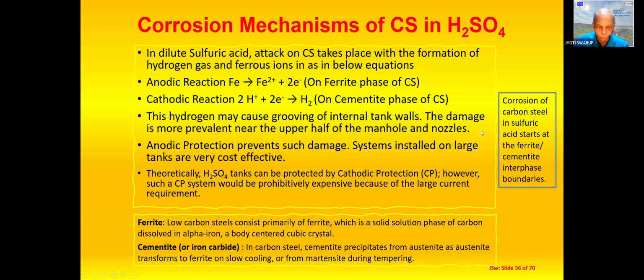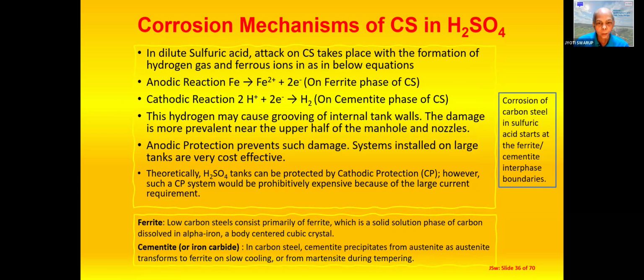This anodic protection needs to be installed, especially in larger tanks, if we want to avoid corrosion, because the cost of tank replacement or maintenance is quite high. To minimize the corrosion, we can provide anodic protection, which is something similar to the cathodic protection that we all know in other tanks.